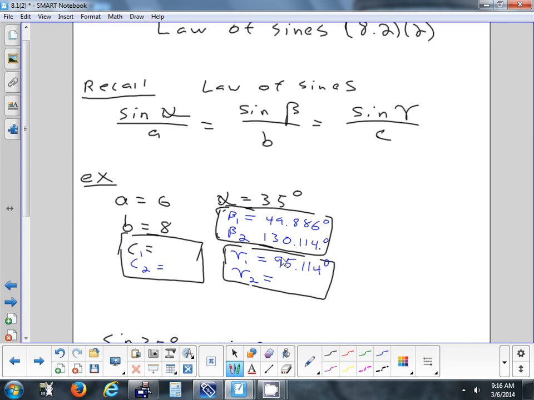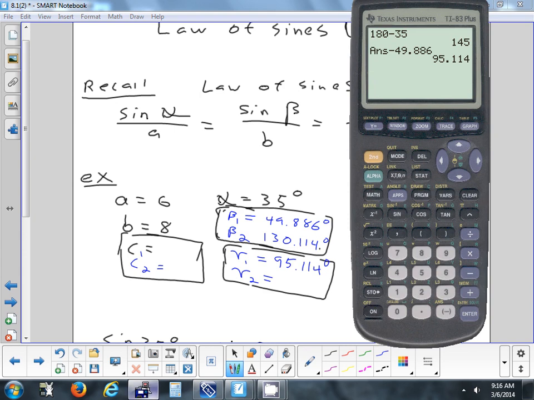How about gamma 2? 84.886. Right? And how did you get that? 180, first gamma. Yep.